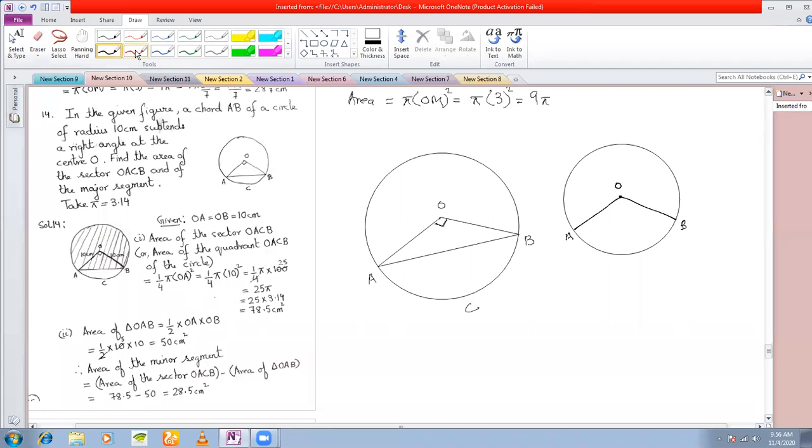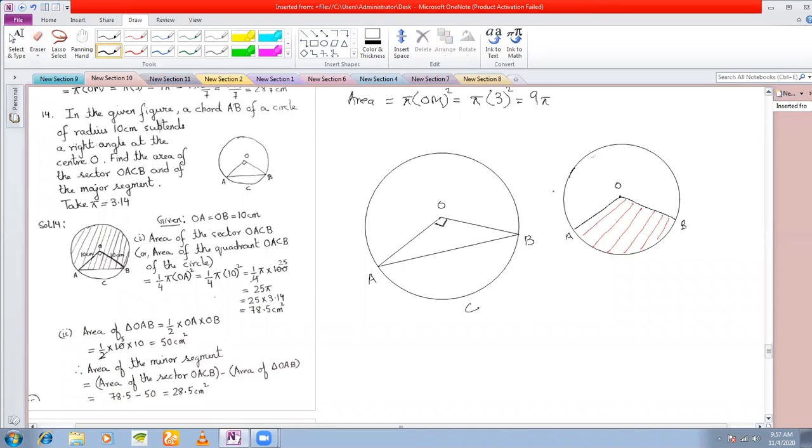Then these two are the sectors of the circle. This is called a sector of a circle. This is another sector. The red shaded part is called the sector of a circle.